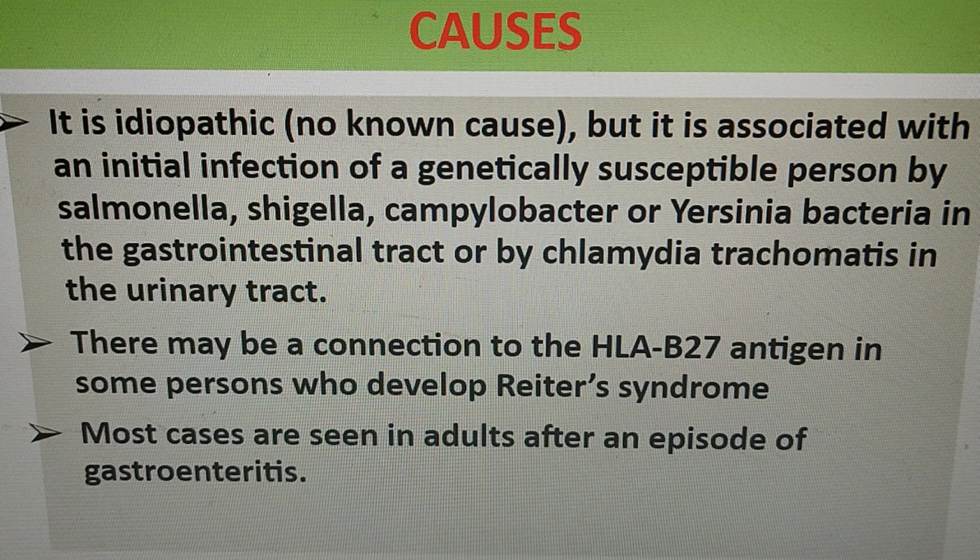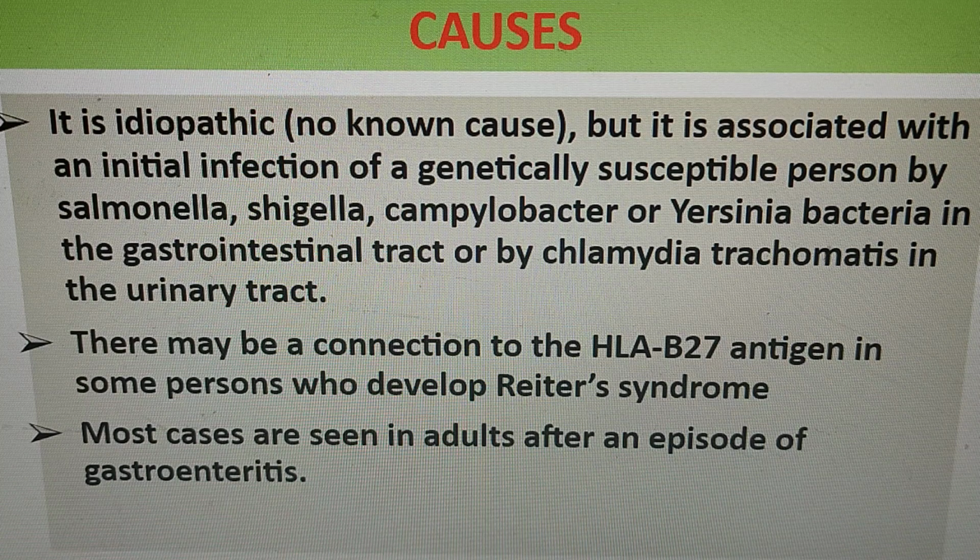It is idiopathic, again, no known cause, but it is associated with an initial infection of a genetically susceptible person by Salmonella, Shigella, Campylobacter, or Yersinia bacteria in the gastrointestinal tract, or by Chlamydia trachomatis in the urinary tract.